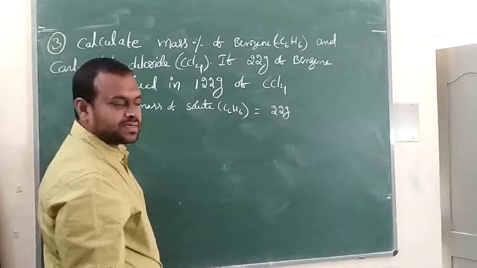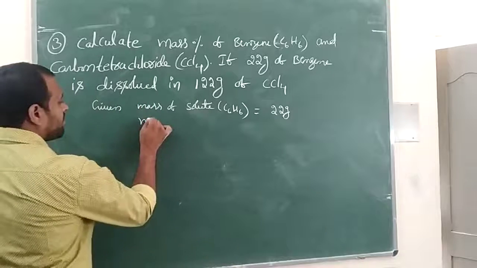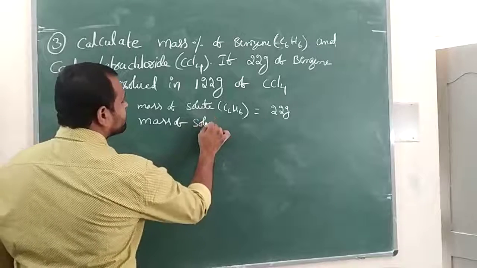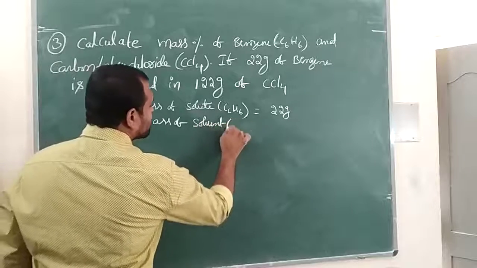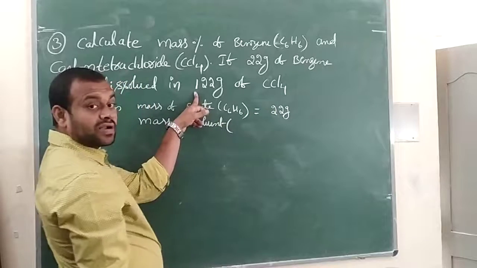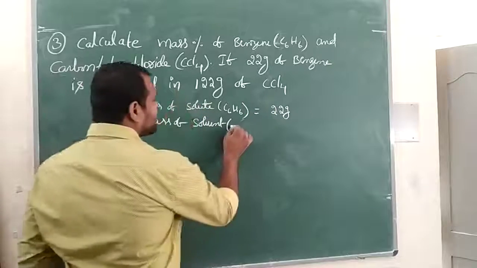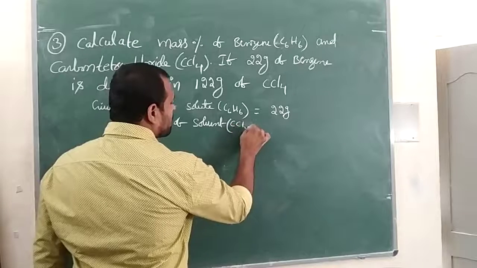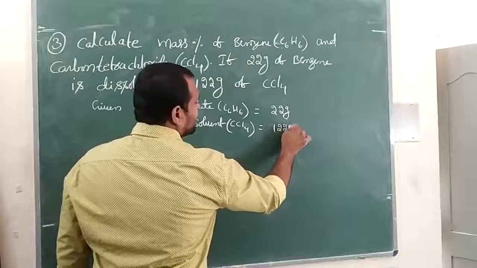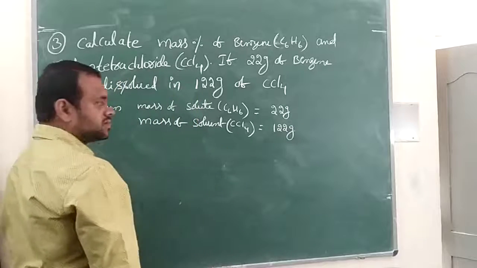Next, mass of solvent: the one present in larger quantity, 122 grams, that is carbon tetrachloride.